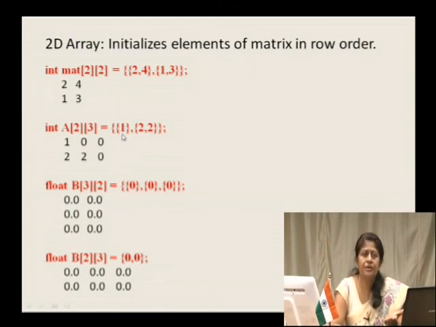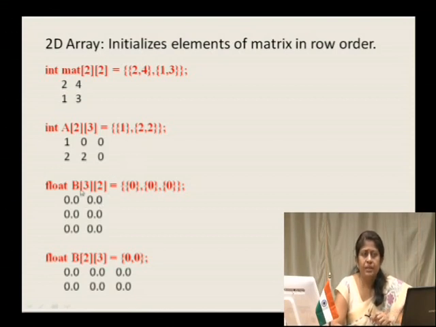That is, we have used a brace for 1, which means that this is the first row elements. So, in the first row we have given just the number 1, and the rest of the elements are taken as 0. The second row elements are 2, 2, so the first 2 elements have been given in the second row, and the third element by default would be set to 0.